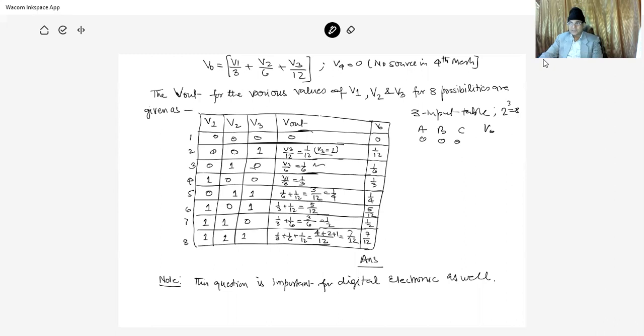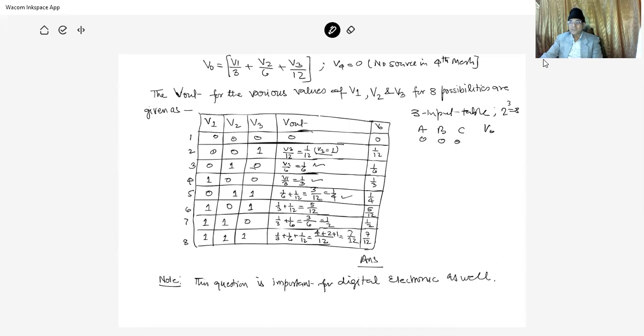The fourth possibility is 1, 0, 0. V1 is 1 and V2, V3 are 0. So this is 1 by 3. Now the combinations of two inputs are finite. Fifth is 0, 1, 1. So V1 is 0, so 1 by 6 and 1 by 12, and this is 1 by 4. Sixth is 1, 0, 1.